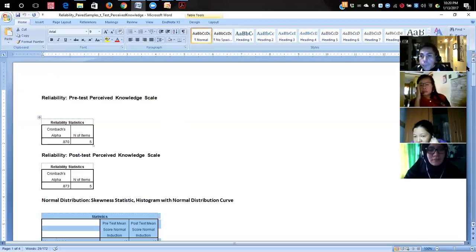And then the Cronbach's alpha on SPSS will produce an output that looks similar to Cronbach's alpha, but it needs to be interpreted as a Kuder-Richardson 20 or KR20. And 0.5 is actually considered as adequate.